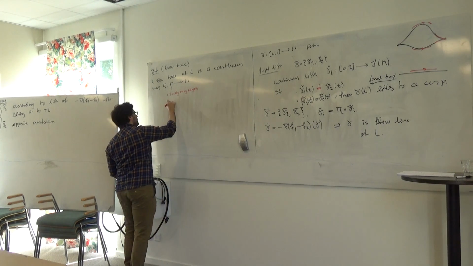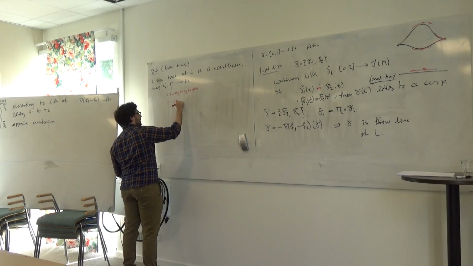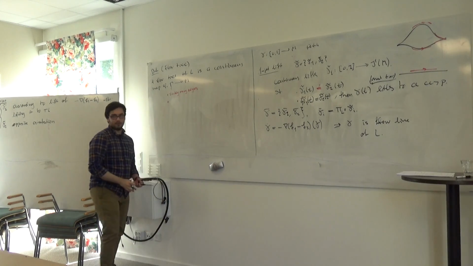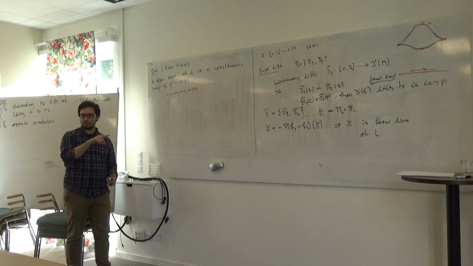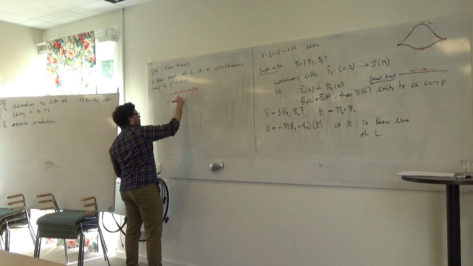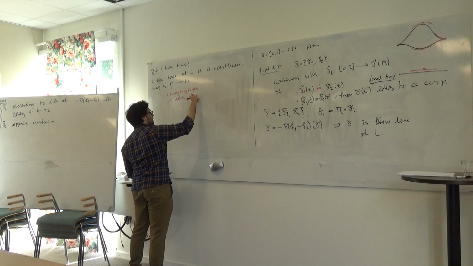And if V is a vertex, then all adjacent edges are cyclically ordered.